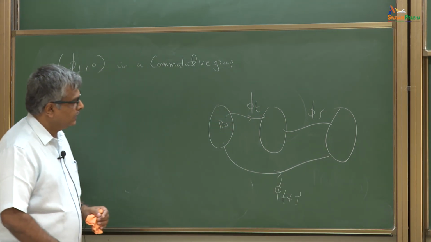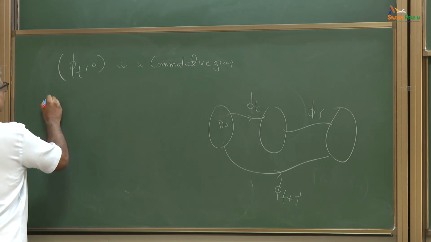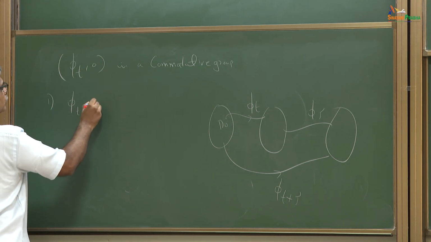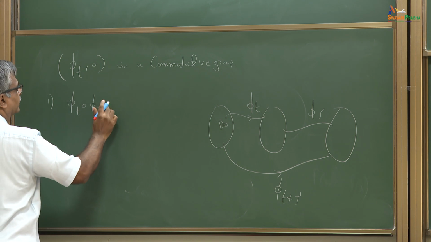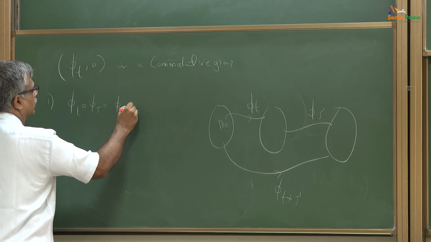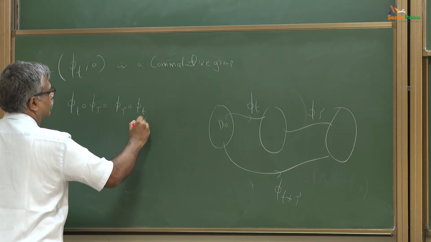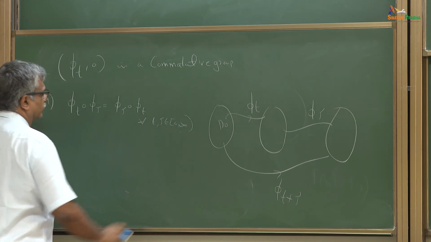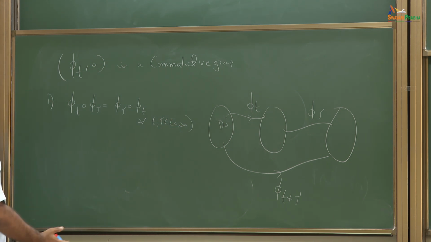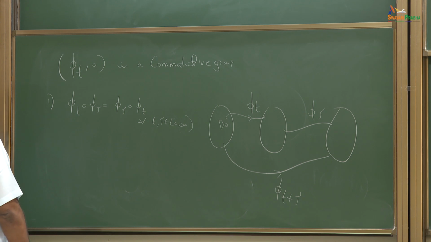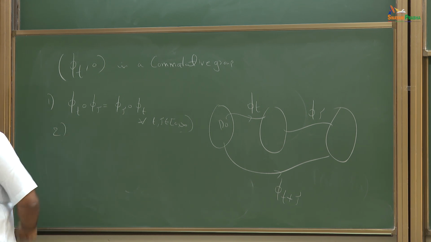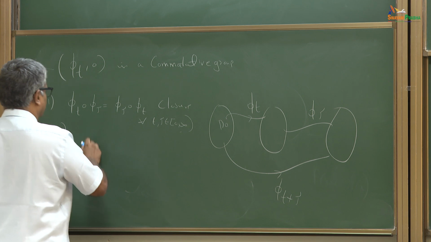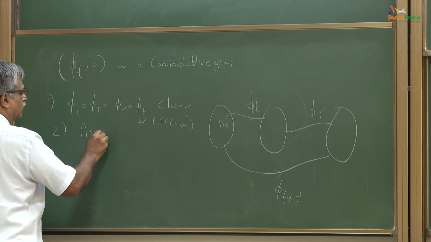So the first group property is phi t composed with phi tau is same as phi tau composed with phi t for all t, tau. Okay, it follows from the definition itself. So this is the closure. Then you can easily verify that it is associative also.